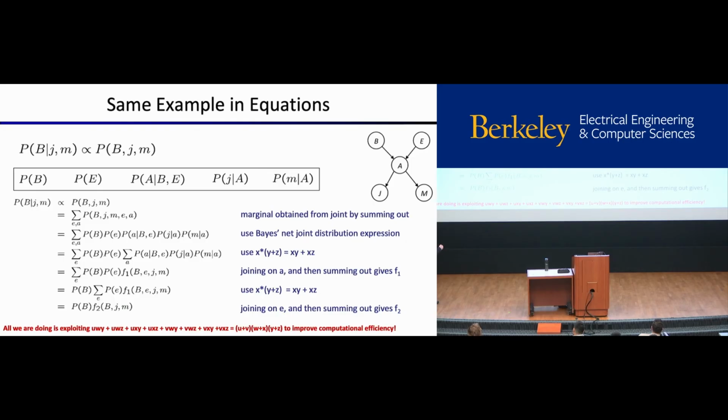The structure of the Bayes-Net tells us that B doesn't depend on anything, so we have a P of B. E doesn't depend on anything, so it's P of E. A has 2 parents, B and E, so A has a conditional distribution, A conditioned on BE. And then we have J given A and M given A, and those are the last 2 terms. Yeah?